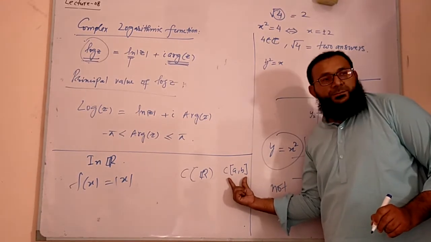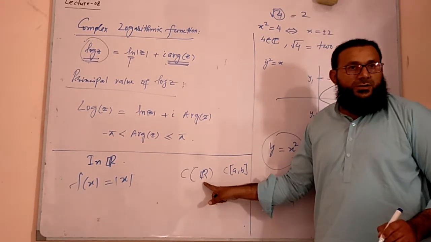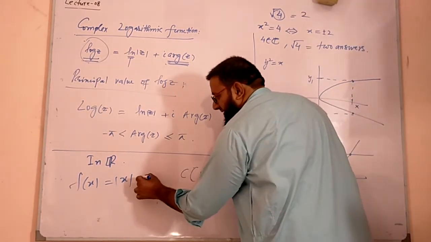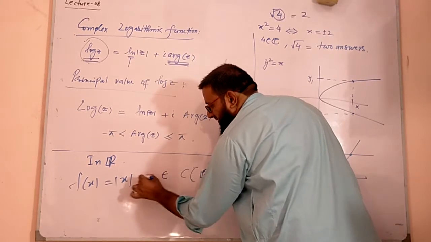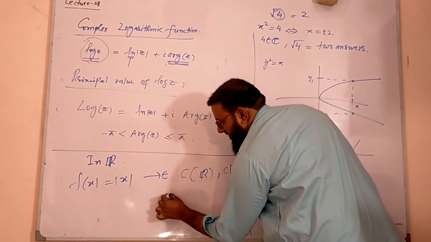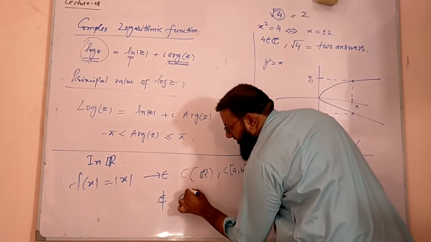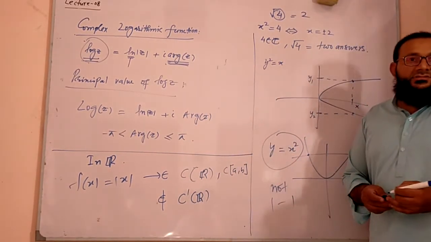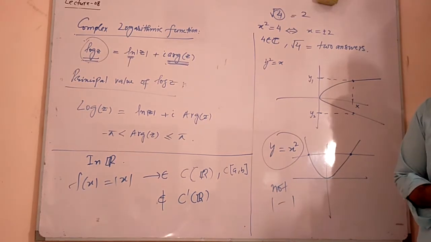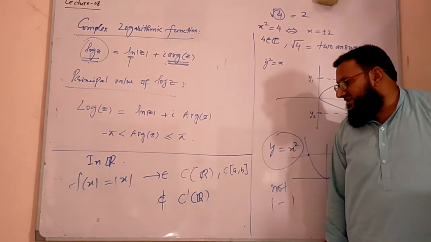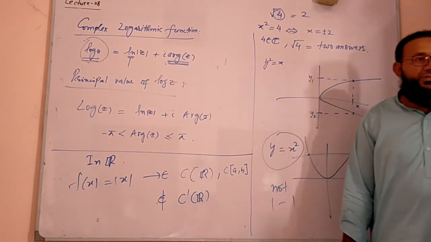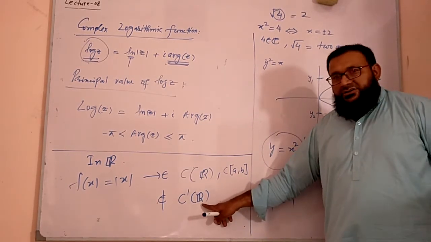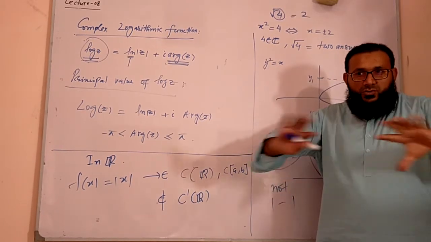We call this a compact set, and R is not a compact set, you know very well. But we are not about to discuss all these things. This particular function belongs to this one, but it does not belong to C1. What do you mean by C1? First derivative, differentiable once. So it is continuous, but it is not differentiable at 0 exactly. 0 is part of R, that's why I have written whole R.